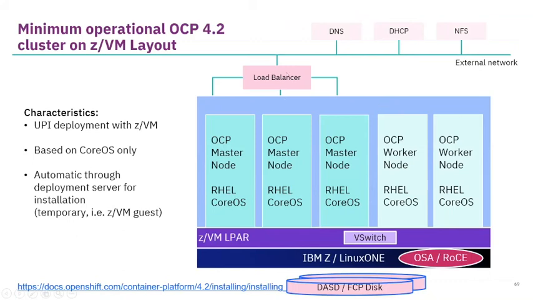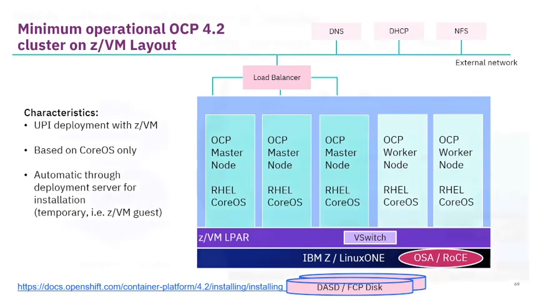Then you connect that to your load balancer and external services, and have an OpenShift environment in your Z running master and workers completely on Z. As I mentioned, it's based on CoreOS, not on RHEL. You don't see RHEL anywhere. It is built in z/VM, one or multiple LPARs of z/VM. You can have multiple LPARs for high availability.